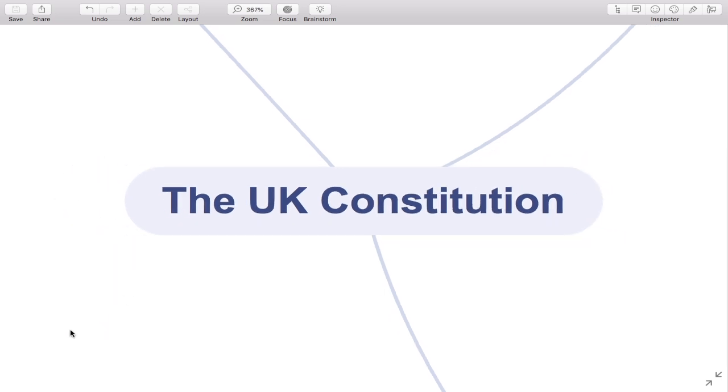All of this has been the subject of previous study videos. This lesson is basically going to take the basic ideas and principles of the nature of a constitution and apply them to the UK system. And so we're going to explore the basic structure of the UK Constitution in this video.